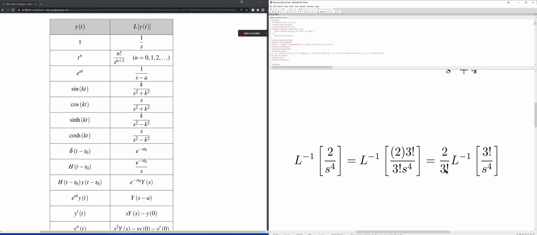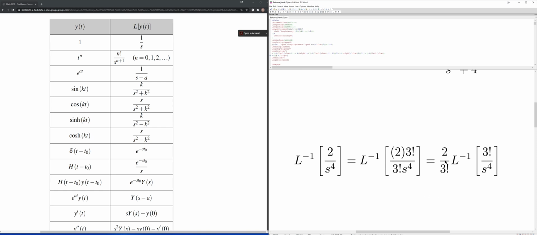But I needed to adjust the constants, and when I adjusted them, I needed to pull a 2 on 3 factorial outside. I did it by adding the factorial on the top and the bottom. But I have equality. This is 2 on s to the fourth, and likewise, this is still 2 on s to the fourth.